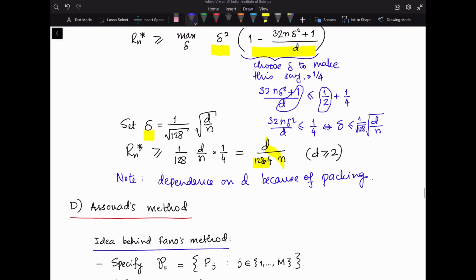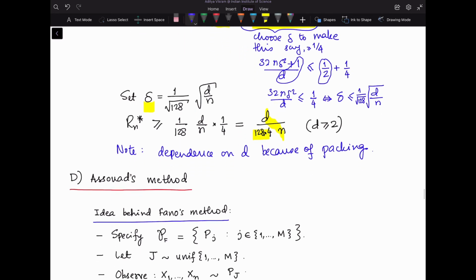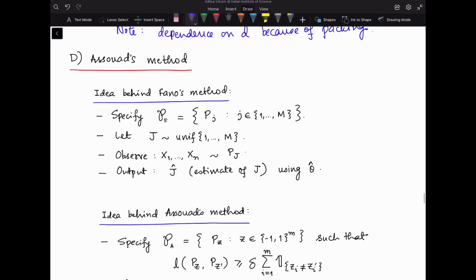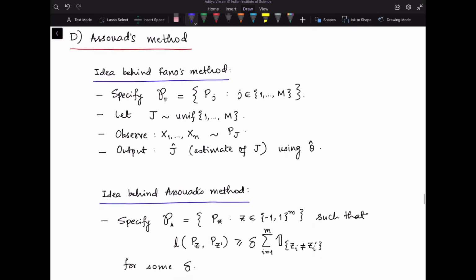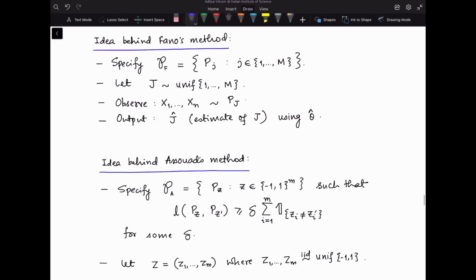Okay, so now let's go to another method to prove lower bounds, which is known as Assouad's method. So before discussing Assouad's method, let's recap Fano's method. Basically what we did in Fano's method was that we created this family of distributions, right, P1 to Pm.